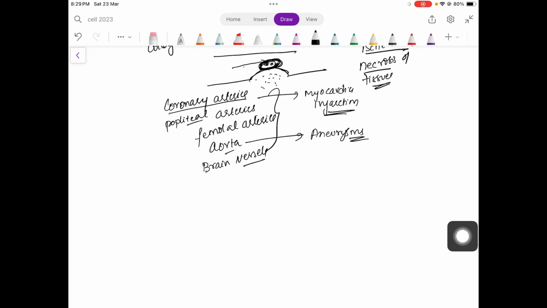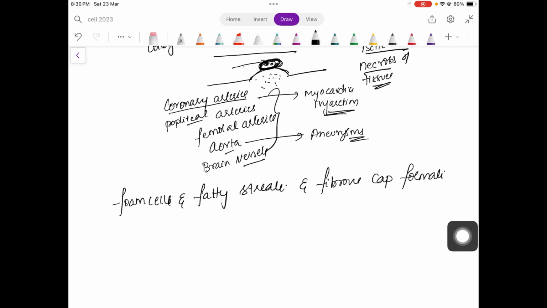And you can reverse some of the events, like foam cell formation, fatty streak events, and fibrous cap formation.